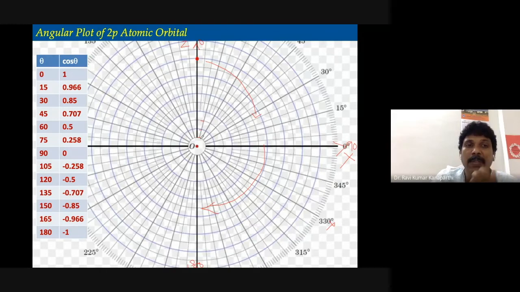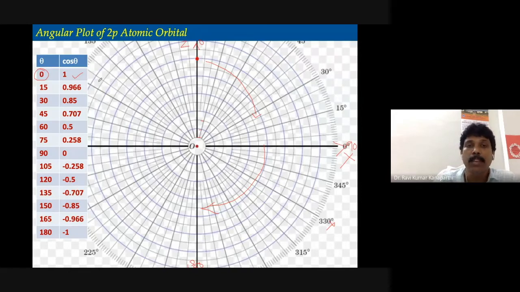Now you can see here that the first is 0. 0 means along the z-axis, and along the z-axis I have the value of 1. How do I plot 1? That is your wish. How many circles you want to take as 1 unit is your wish.